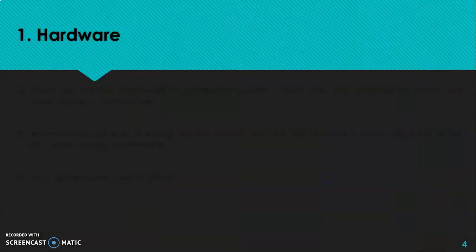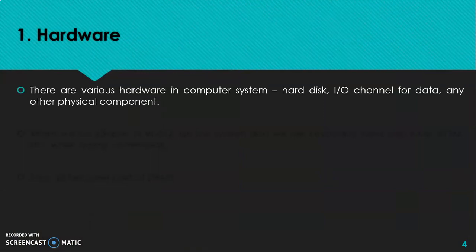Starting with the hardware. There are various hardware in the computer system like hard disk, IO channel for data, or any other physical component. So whatever is part of your computer system, the hardware part, since the database system is being implemented in the computer system, any hardware that is a part of the computer system becomes the part of the database management system.